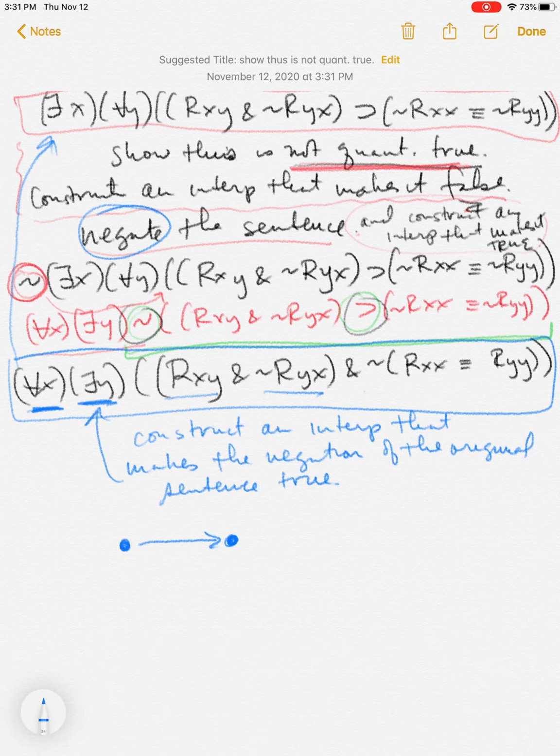Okay, good. And then this part says, well, think about the negation of a biconditional, which is essentially what we have here. This is going to be true just when exactly one of P and Q is true, just exactly when exactly one of Rxx or Ryy is true.